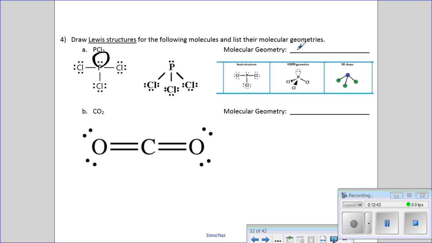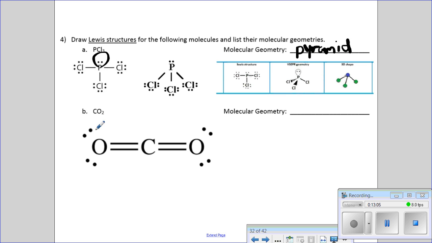So this is not going to be a planar structure. This is going to be a pyramidal structure, a trigonal pyramid. You need to make sure that you understand the differences between planar and pyramid, and really, it's just the lone pair of electrons.